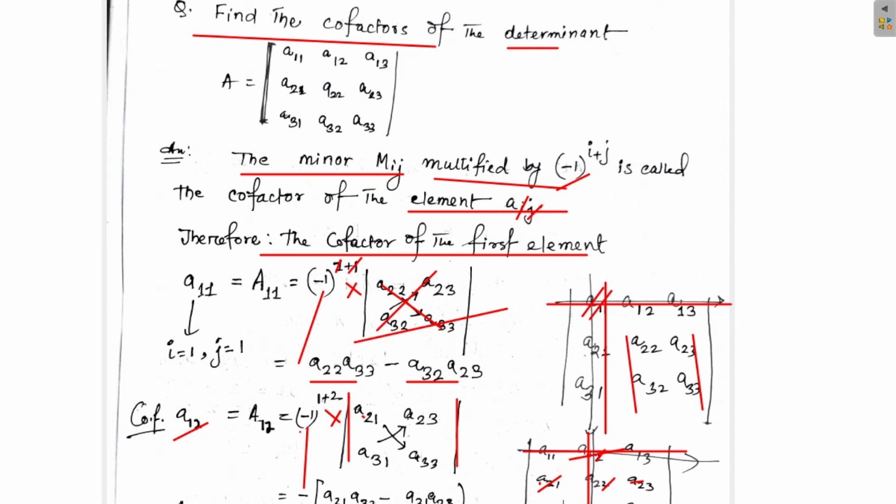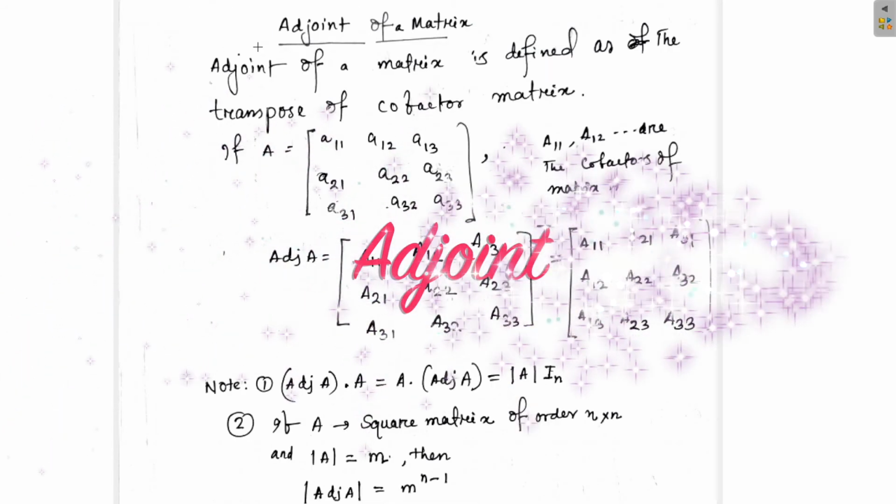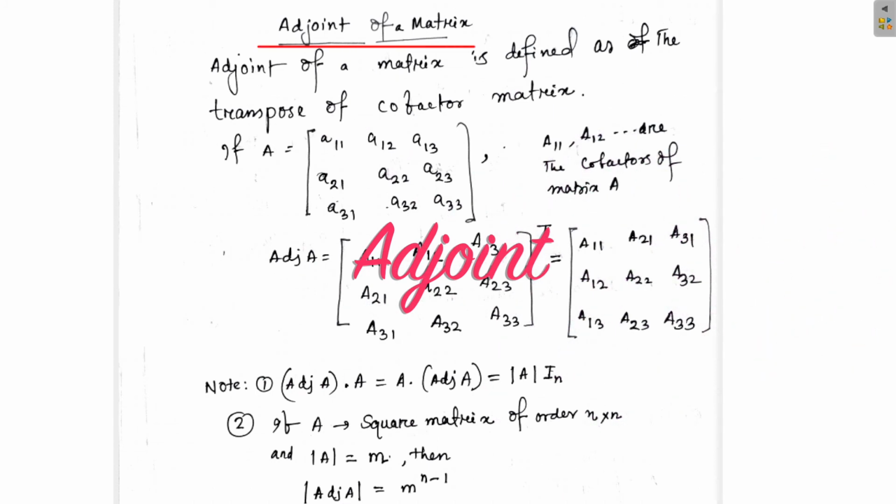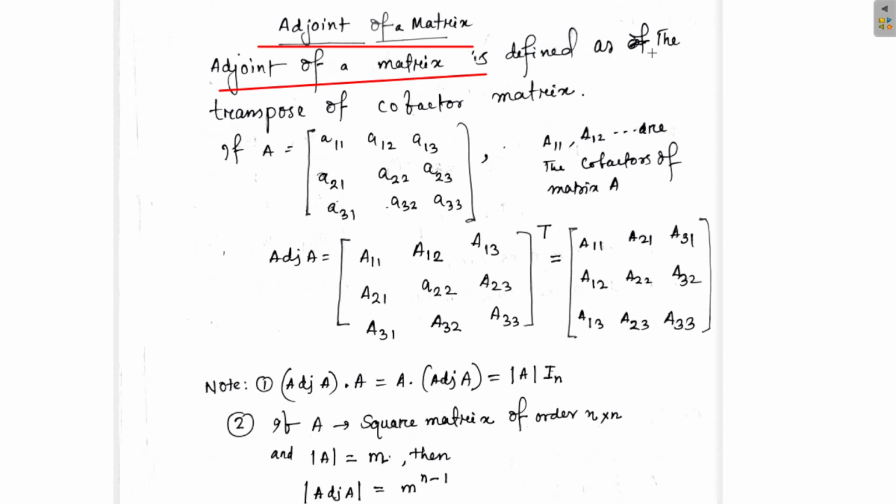Okay, now let's discuss the adjoint of a matrix. The adjoint of a matrix is defined as the transpose of the cofactor matrix. So at first we have to calculate the cofactors of the matrix.